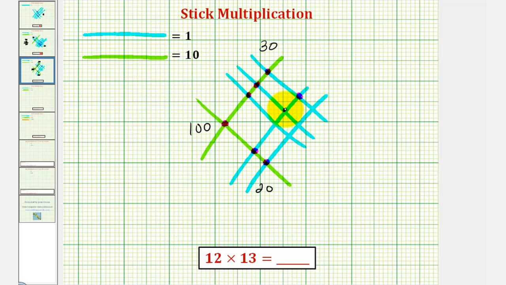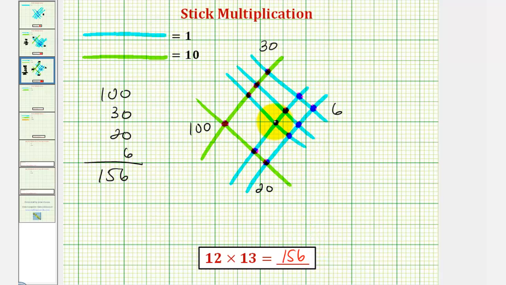So we have 1, 2, 3, 4, 5, 6. Which means 12 times 13 equals 100 plus 30 plus 20 plus 6, or 156. 12 times 13 equals 156.